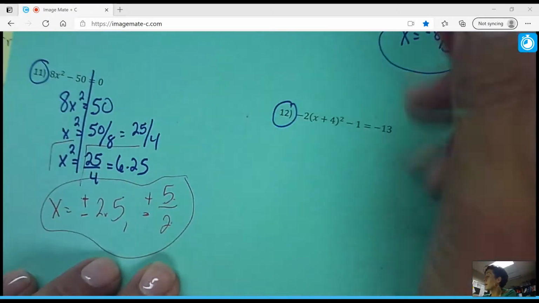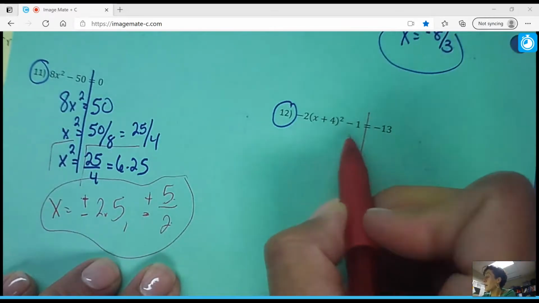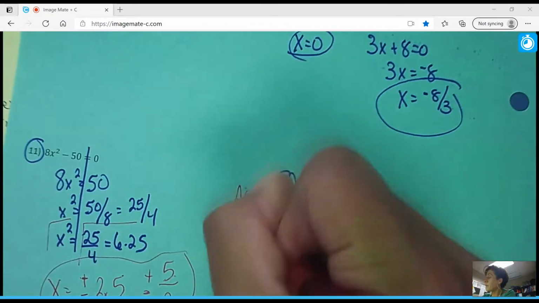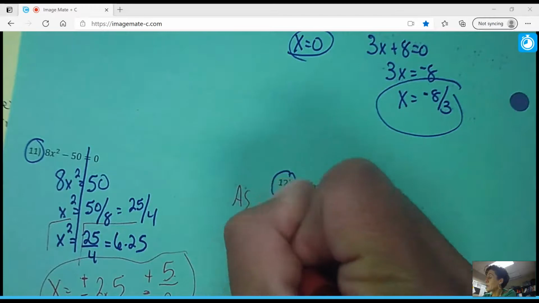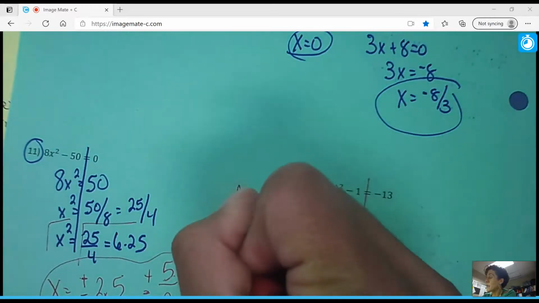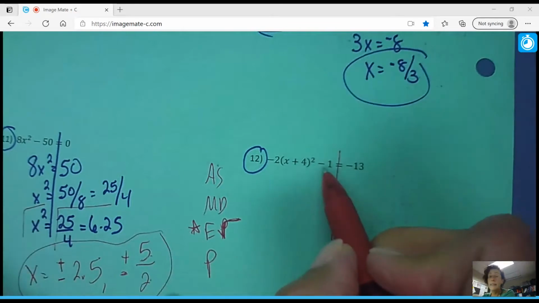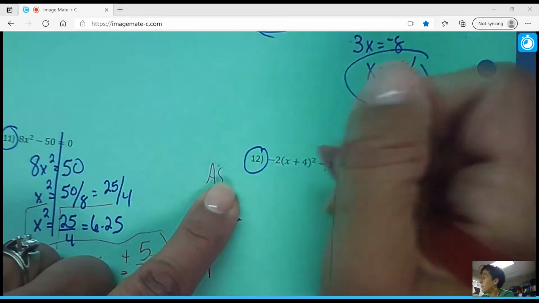12, so here, to get x by itself, it's negative 2 times x plus 4 squared minus 1. So my checklist is a little further away. Oops, check mark there. Special step, that's our two answers, and then our parentheses. So this is the addition subtraction I'll move first because this is in the parentheses, so I'm going to add 1 first.